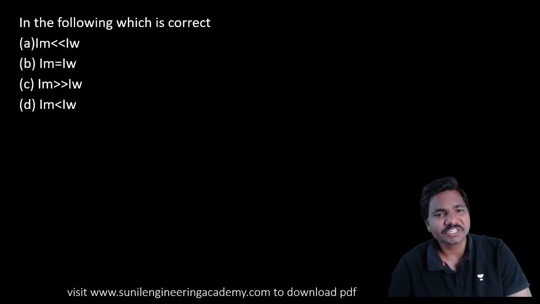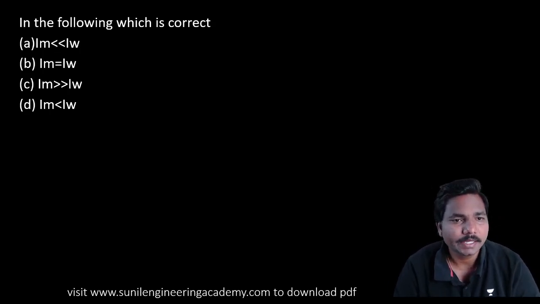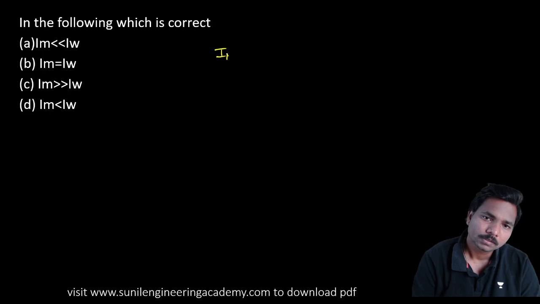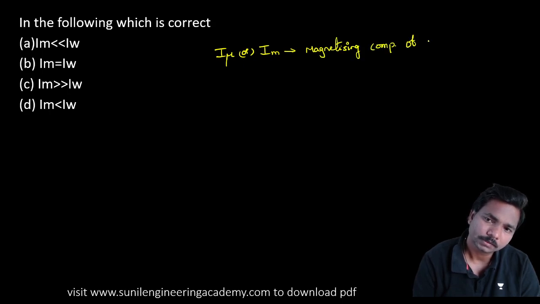In the following, which is correct? Here Im or Iw. I mu or Im is nothing but the magnetizing component of current, or you can say the reactive component or wattless component.